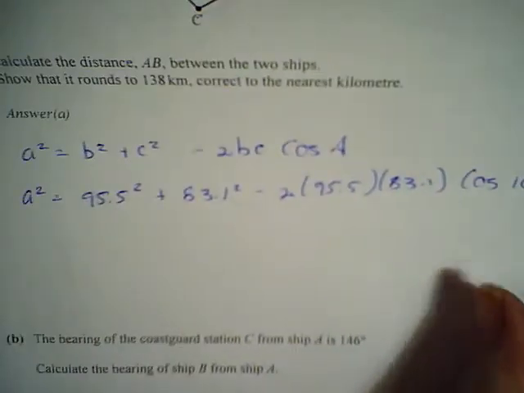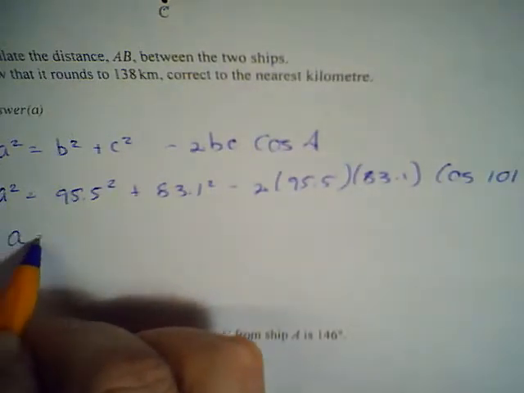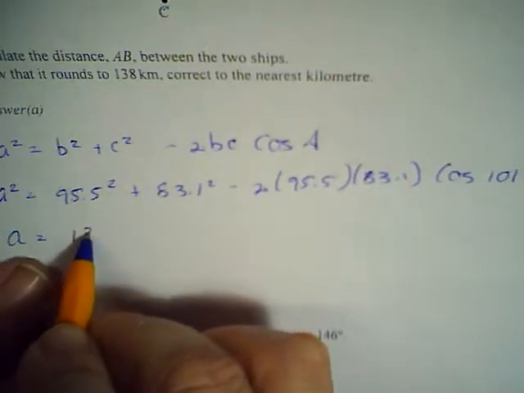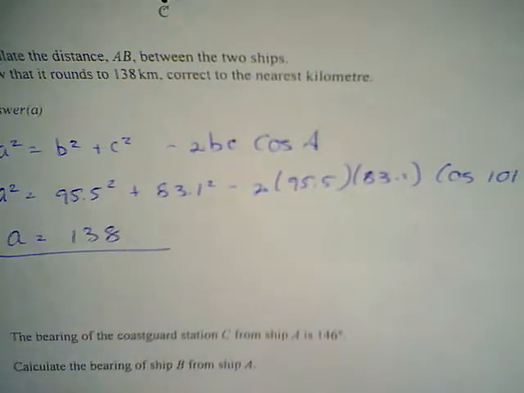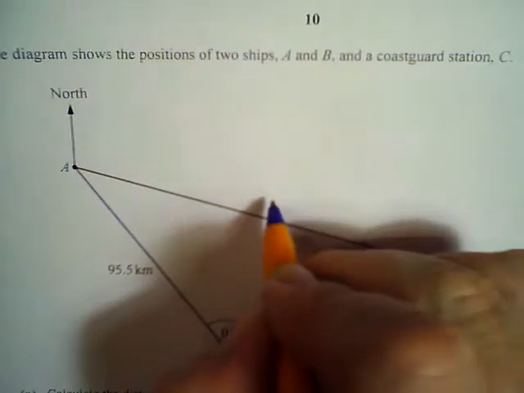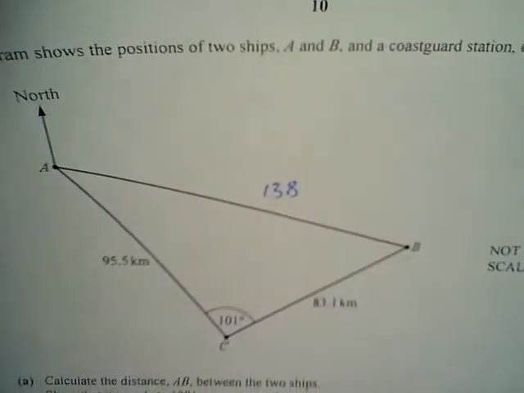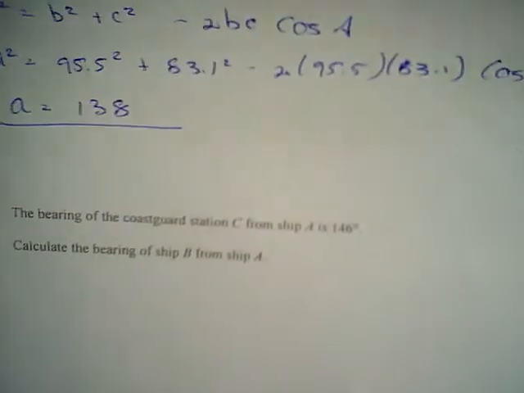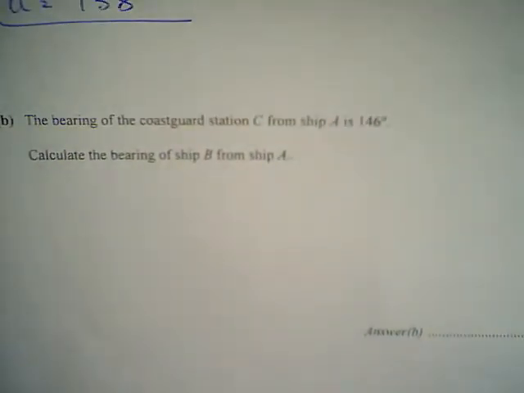Okay, good. And then if I calculate it, A would be 138 kilometers. Okay, and there I am really happy I can fill it in there, 138 kilometers. I've proven it. That's worth 4 marks. So that's quite an easy question worth 4 marks.